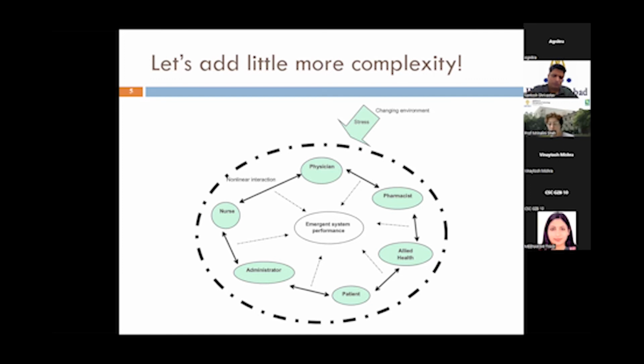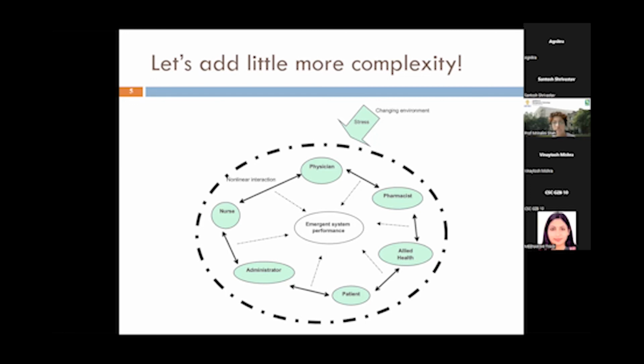Now the other thing is that this is a complex dynamic system. The supply chain in healthcare is a complex dynamic system. And another term which I want to add is adaptive. Any system learns. When an event like COVID happens, the supply chain will learn how to respond to that.